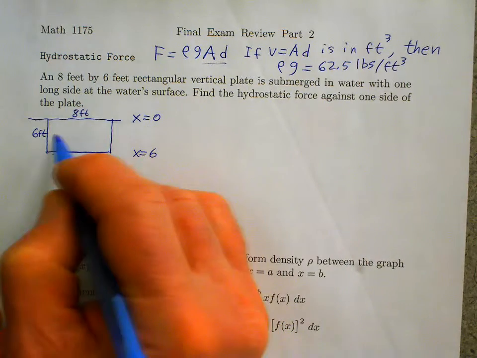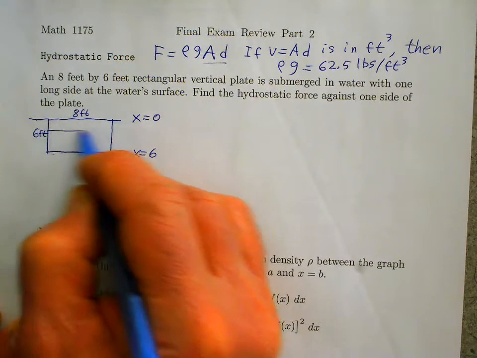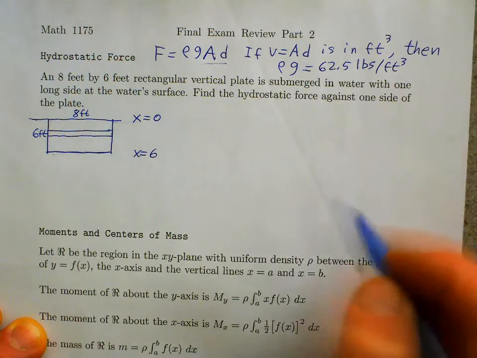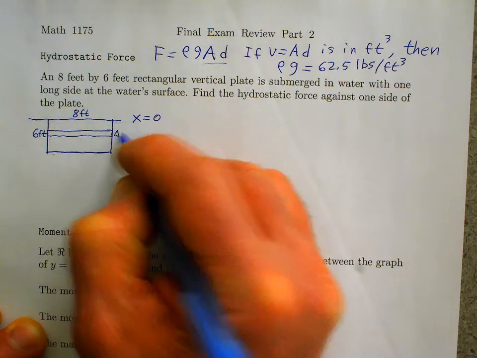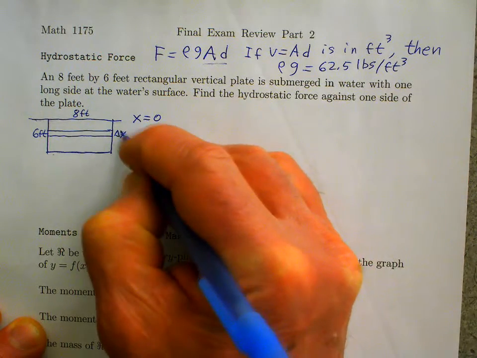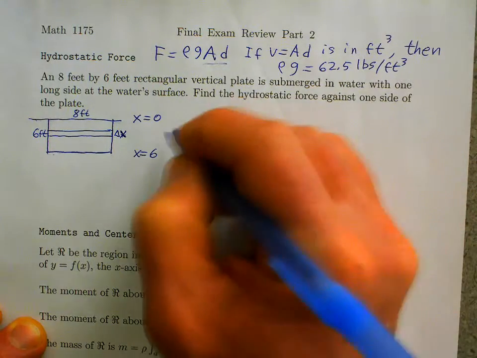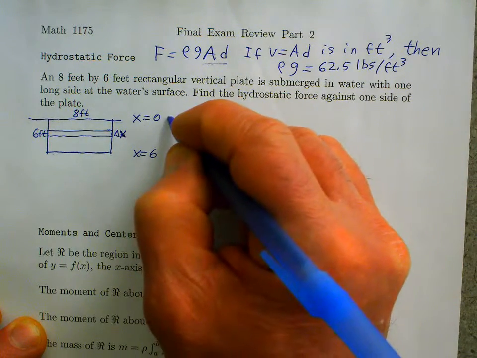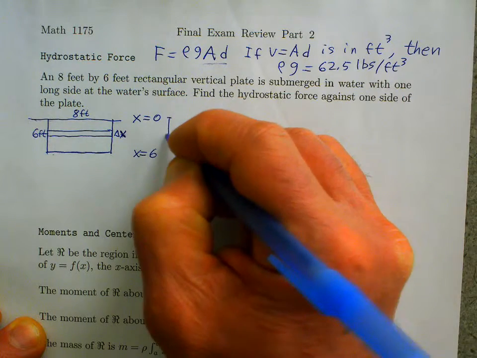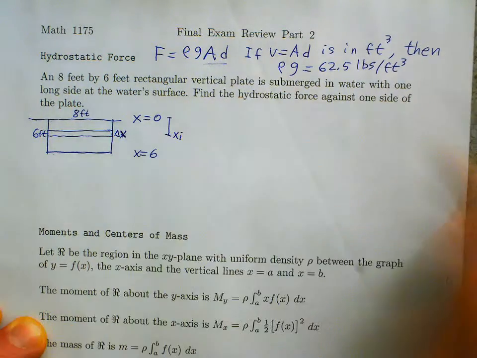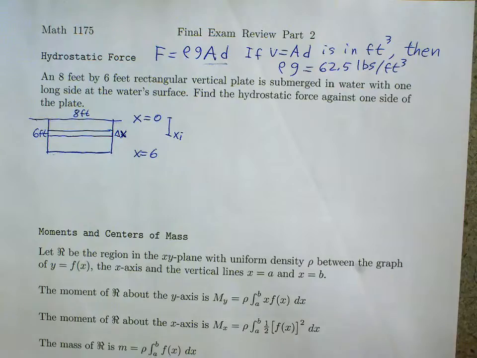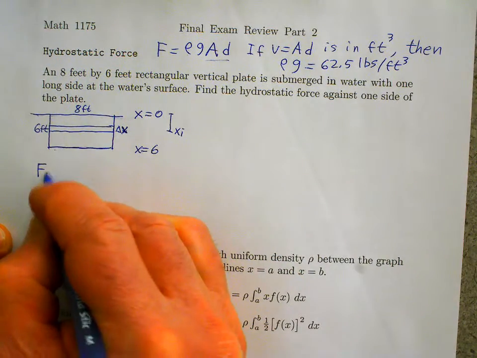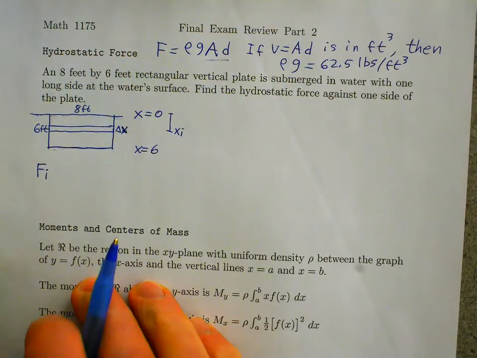And then if we construct a rectangle with width delta x at depth x sub i, then we can write down the hydrostatic force on that rectangle, or approximate it.